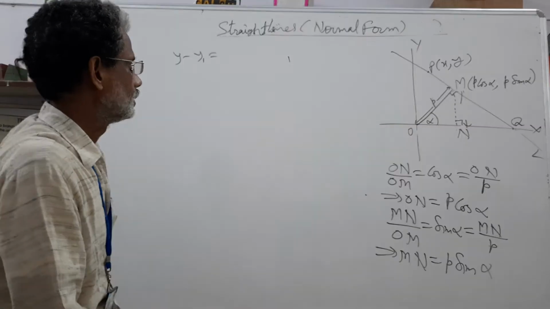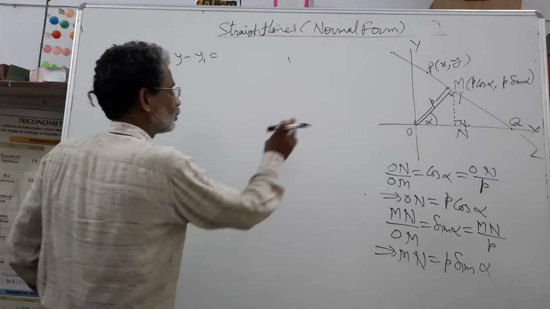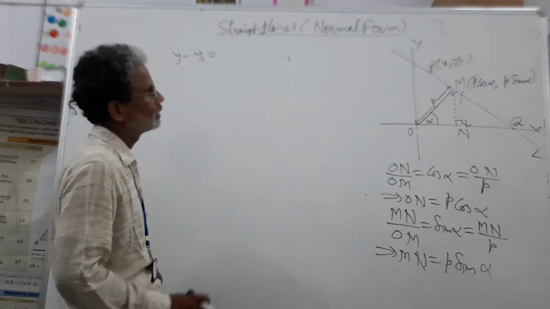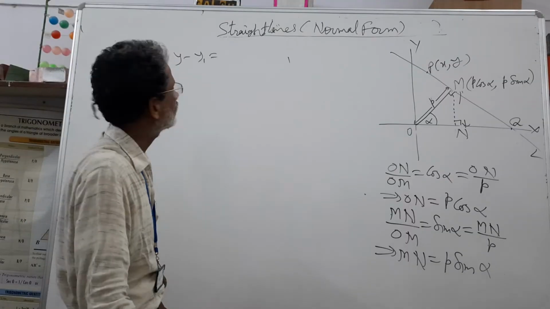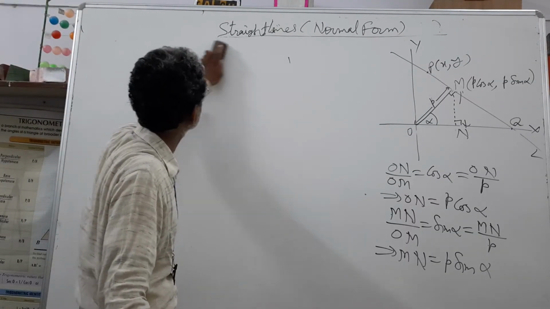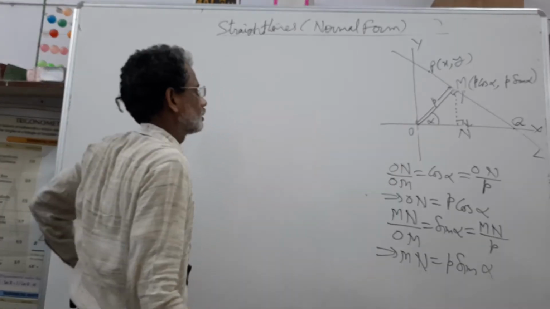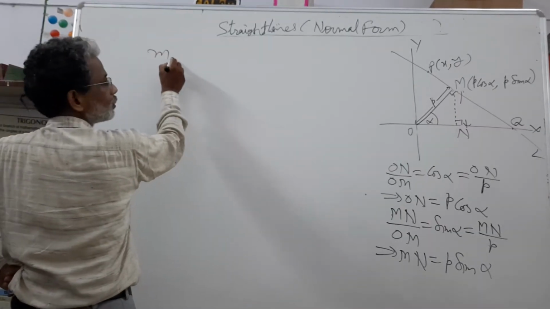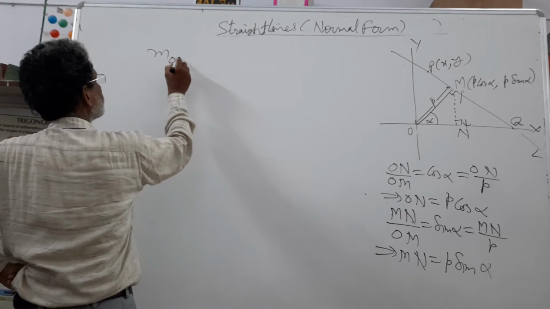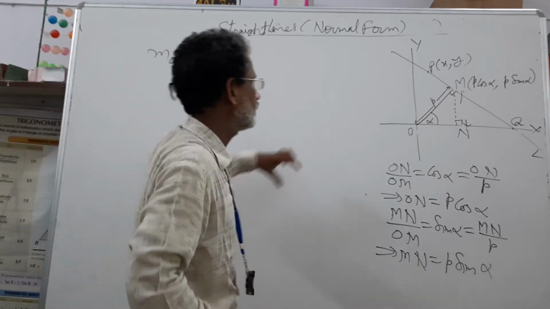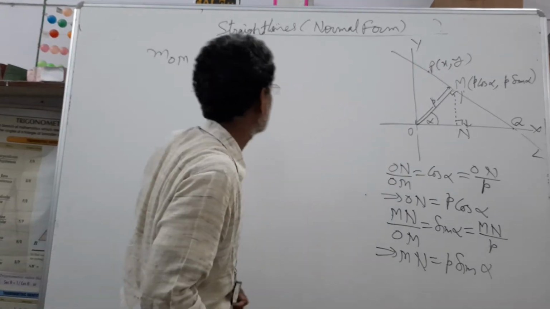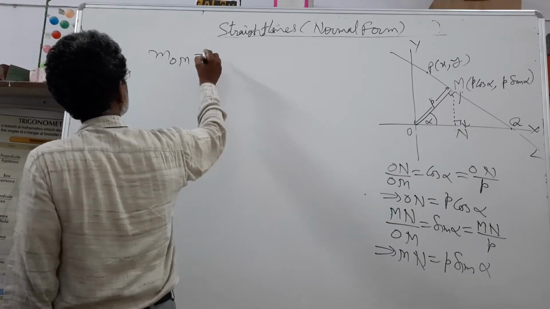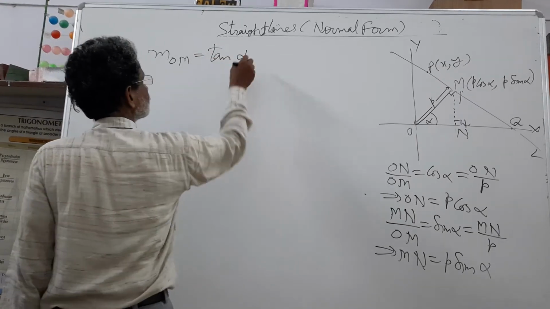Now the slope of line L is also required for writing its equation. The slope of OM, that is the perpendicular, will be equal to tan alpha.